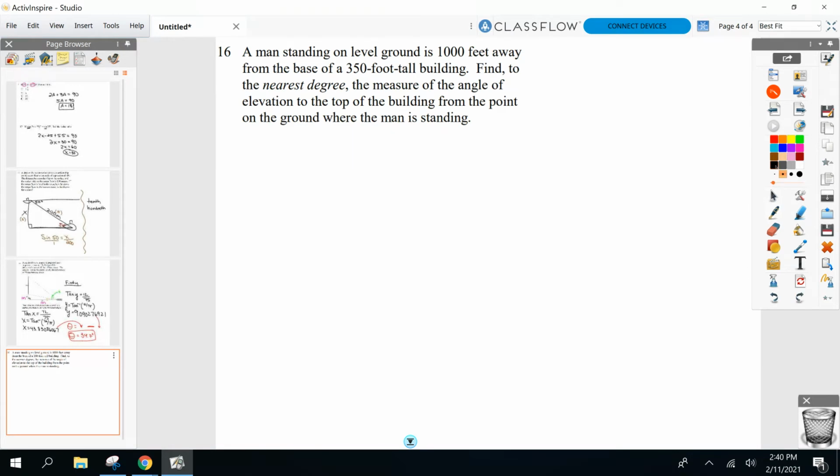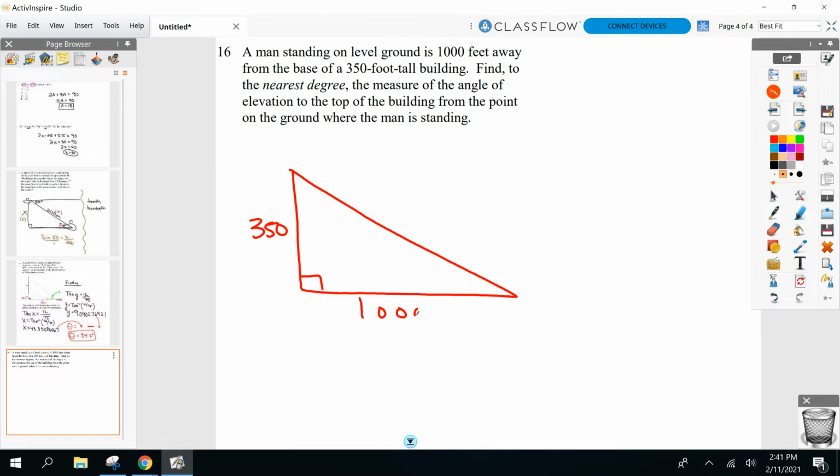Okay, so I got a man standing on level ground 100 feet away from the base of a pretty tall building. All right. If you guys want to get fancy with your artwork, go ahead. Let's see, it's a 350-foot tall building. He is standing 1,000 feet away from it. All right, find to the nearest degree the measure of the angle of elevation to the top of the building from the point on the ground.